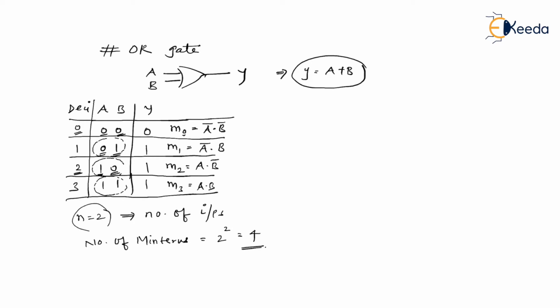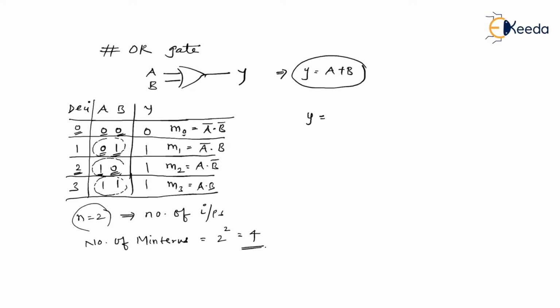The derived output equation that I could actually see is Y is equal to A plus B, but now I need to prove that. So I'm going to prove that. Look at this very carefully. Whenever you are writing the equation for Y, you have to take only those min terms in the output for which output is also 1. I repeat what I said.